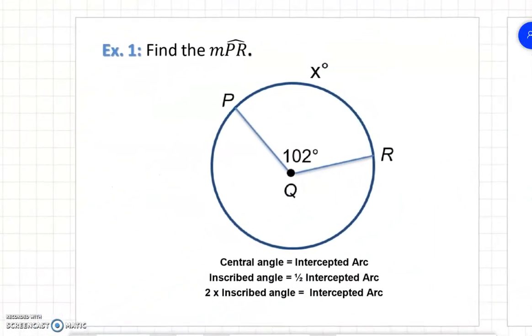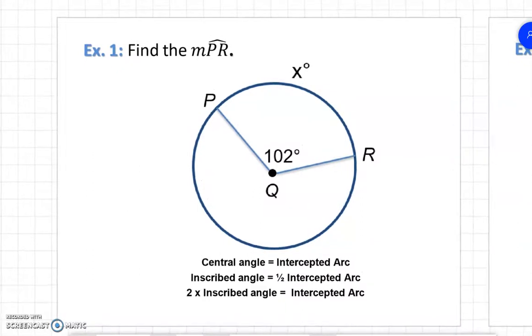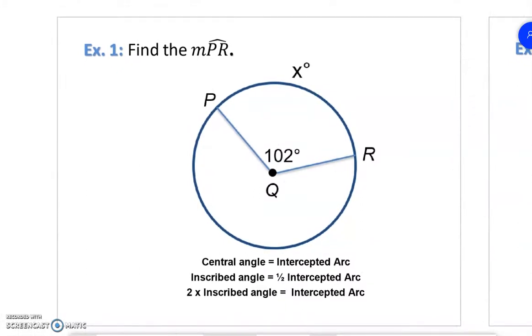So let's do some examples. Again, pause the video as needed. All of these examples and the drawings need to be in your notes. This one says, find the measure. M means measurement, and this symbol up here means arc. So this means the measurement of arc PR. This is arc PR, and notice how it's already labeled X. Notice how the central angle in the center of the circle is intercepting arc PR.